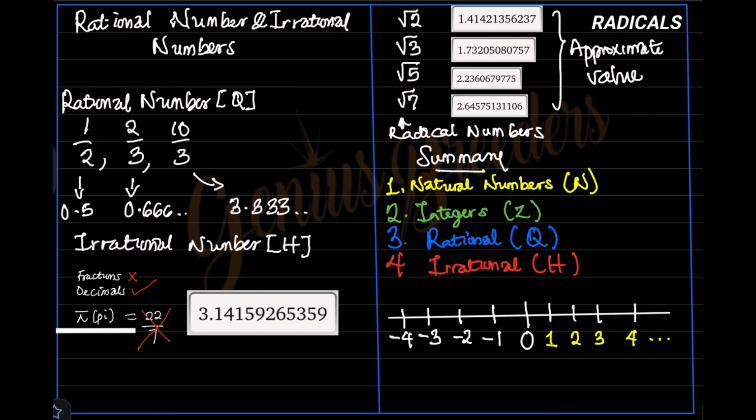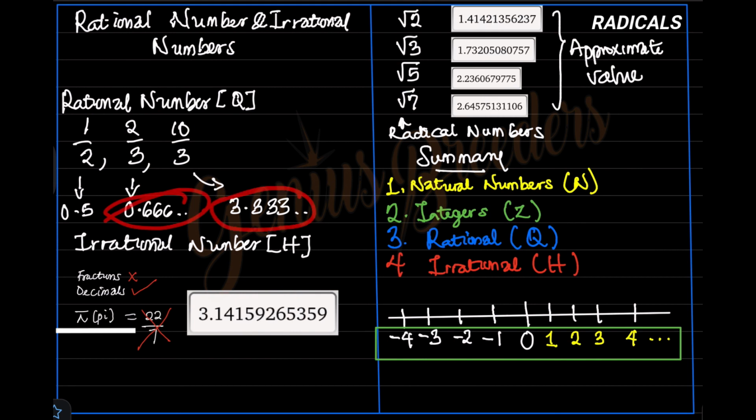By way of coding it in this green color that I use for integers, we have all these numbers drawn as integers. For our rational numbers, we've considered 0.5, 0.666, 3.333, and so on and so forth. So we can find our 0.5 somewhere here, and we can also find our 0.66 here.